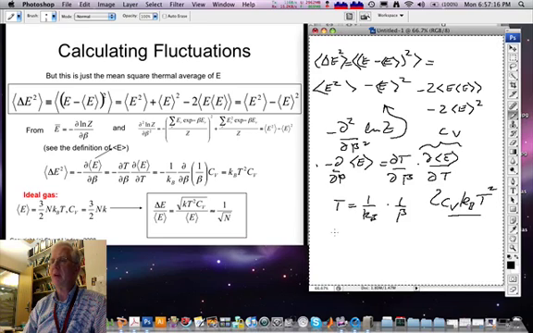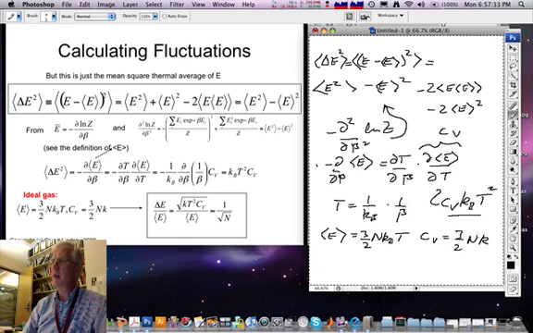So if we use the fact that from the equipartition theorem the thermal average energy of an ideal gas is 3/2 NkT, and of course the specific heat is the derivative of this, just 3/2 Nk, we can now substitute into this expression here and write for the ratio, so we take the square root of that expression, the ratio of the thermal energy fluctuations root mean square divided by the average energy.